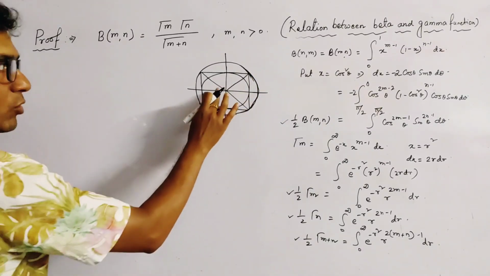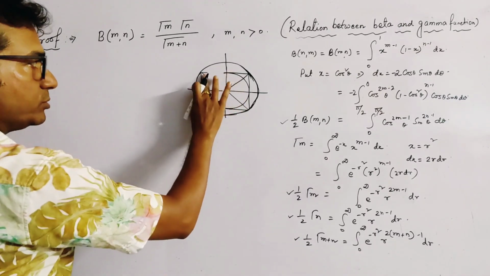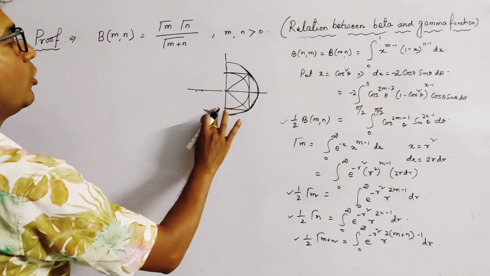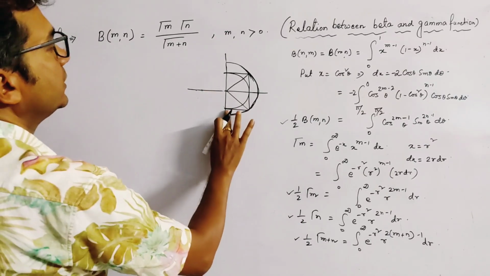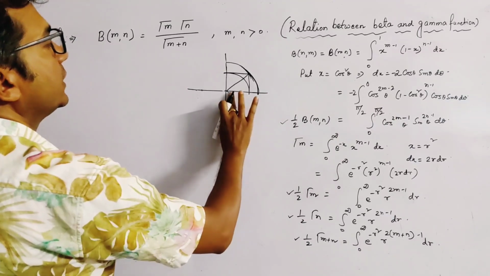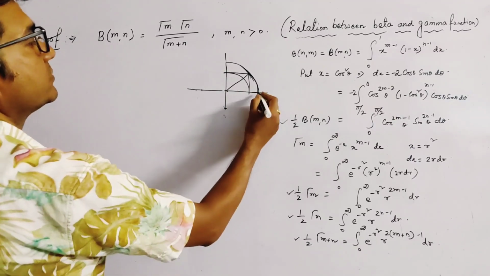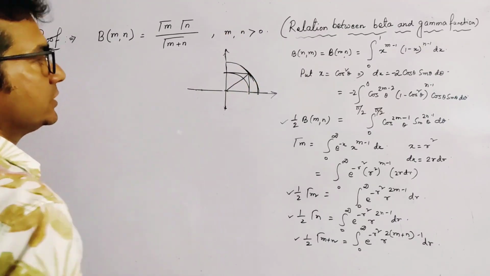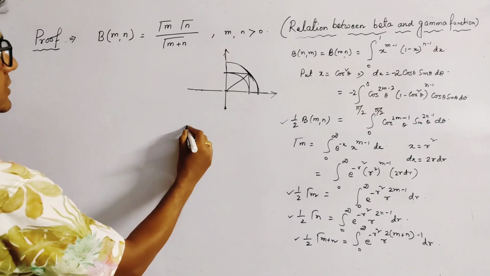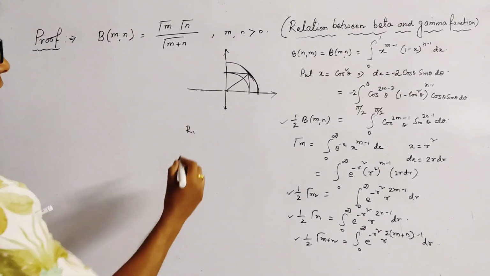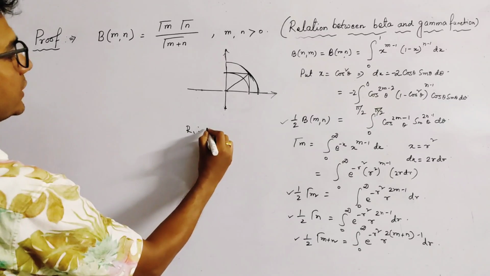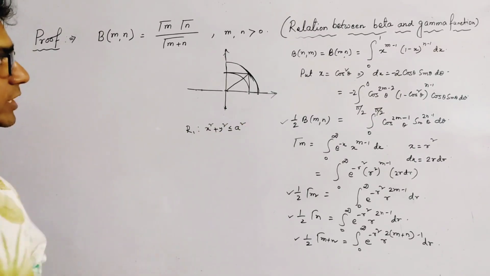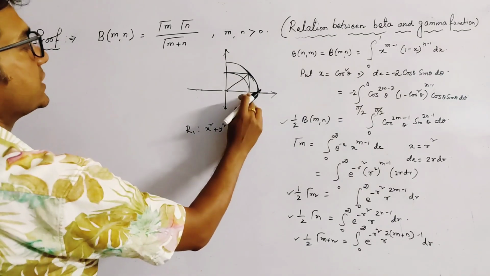And we consider only the first quadrant of this region. That is, we remove all the other quadrants from the figure to show the first quadrant prominently. We name the first region R1, and this is x square plus y square less than or equal to a square, because the radius is a.